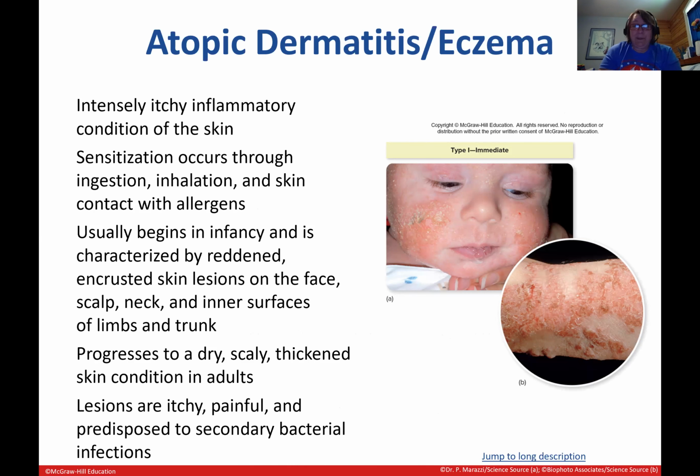Often it begins in infancy and it's characterized by reddened, encrusted skin lesions on the face, scalp, neck, and inner surfaces of the limbs and the trunk, so like under the arms. And often it progresses to dry, scaly, thickened skin conditions in adults. These lesions are painful, they're itchy, and because it's no longer intact skin, you have a predisposition to secondary bacterial infections.